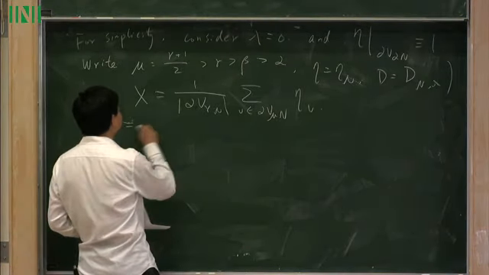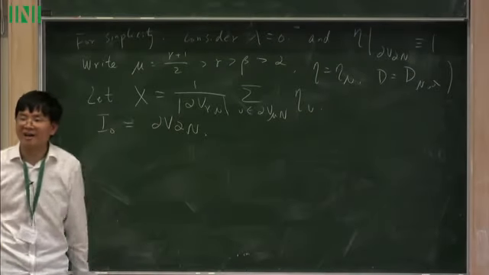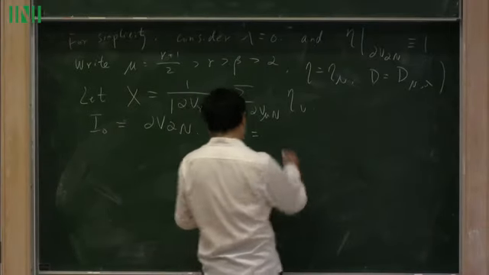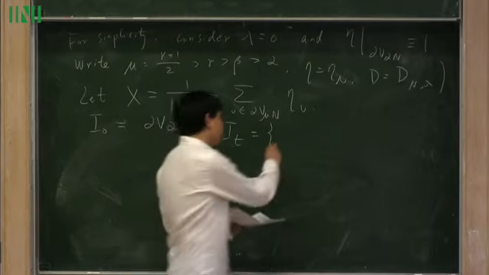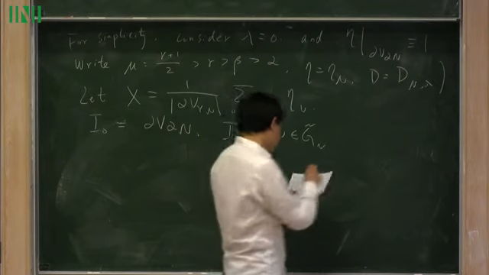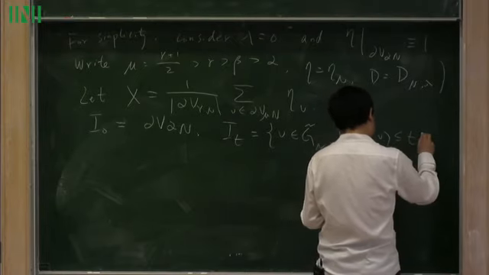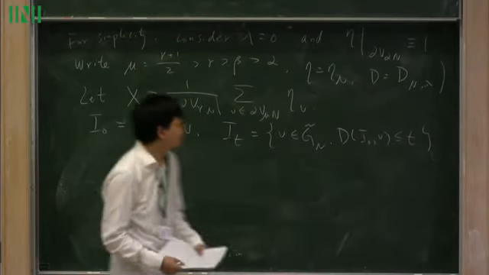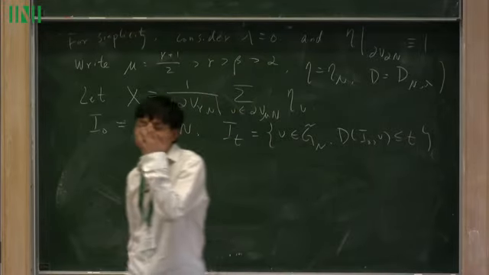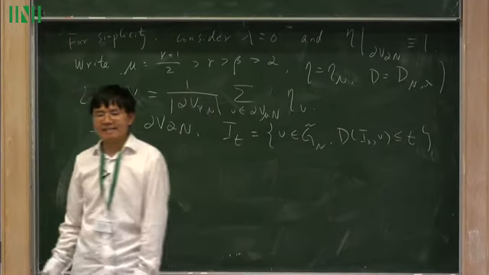We just start with I0 to be the boundary of alpha n, and let It be the metric ball in the graph Gn of radius t. So It is random, naturally. It is all the points such that the graph distance from the alpha boundary is less than or equal to t.